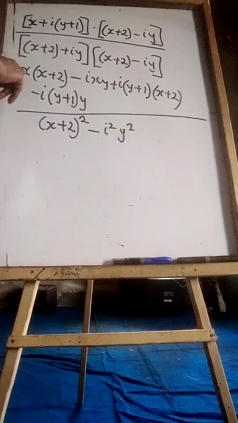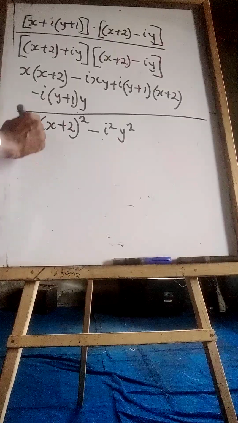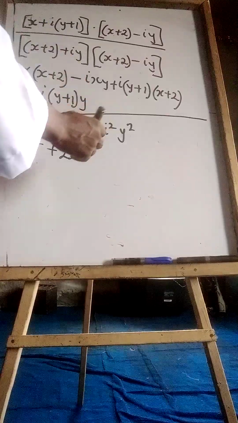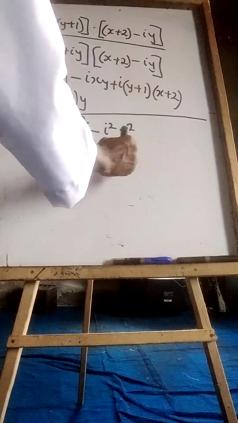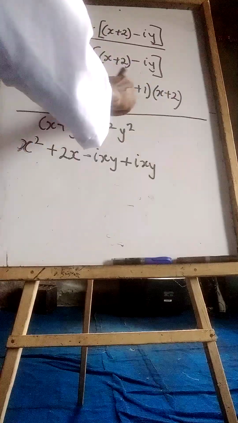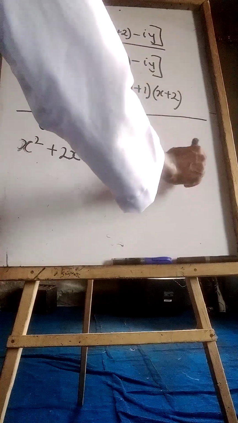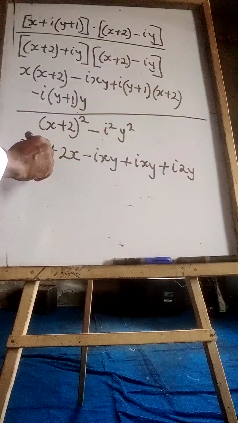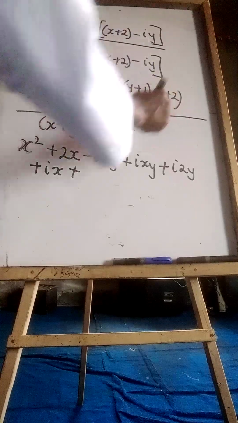As you can see, it is very obvious that if I multiply this one now, x times x will be x squared, plus 2x, minus ixy, plus ixy, plus i2y, plus x, plus ix, plus i2.